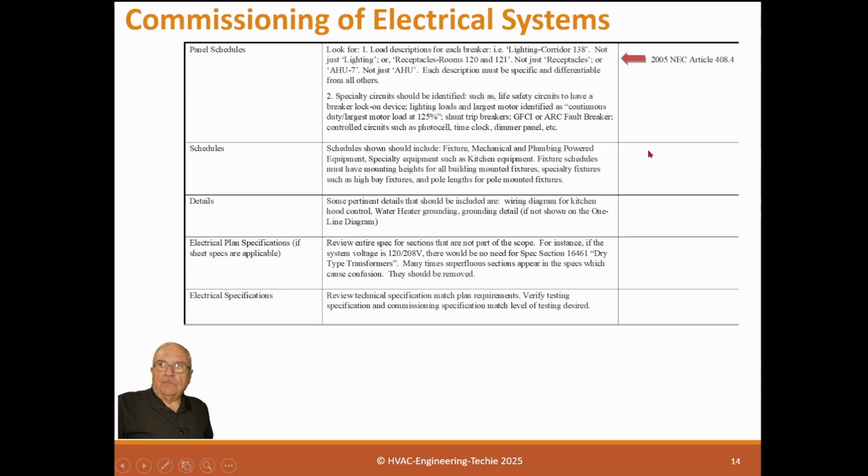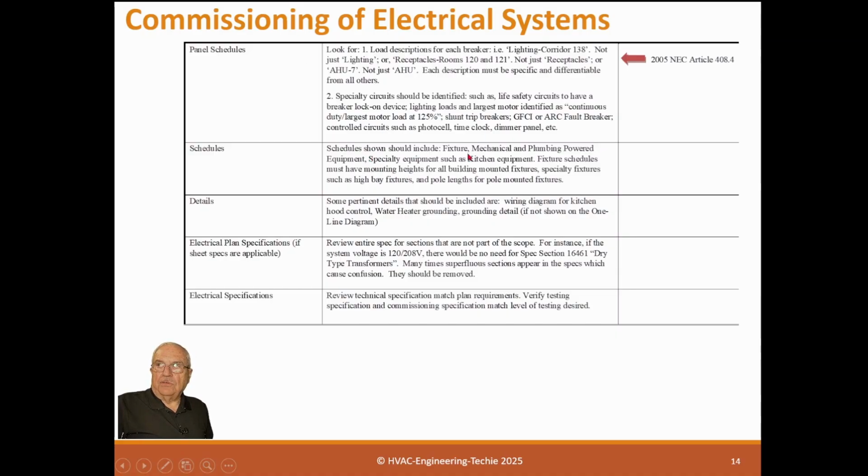Then you need to look to make sure the schedules are balanced. Code requires that the legs of a panel are within 10% of each other. So if they put single-phase loads in a three-phase panel, you need to make sure those are on the right legs to keep that panel balanced.